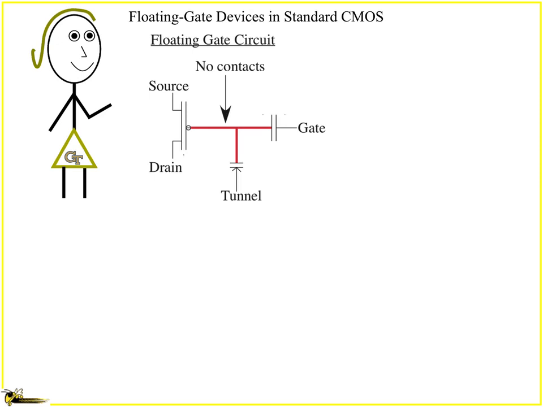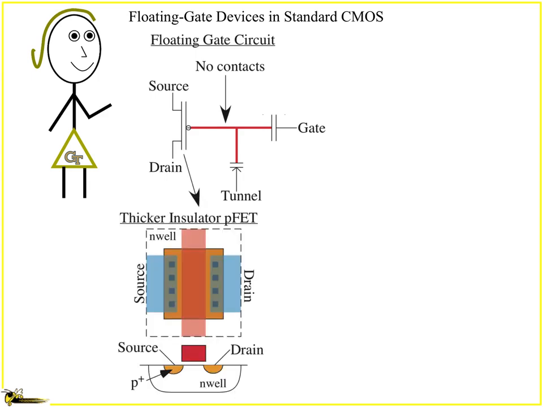If you talk about a single floating gate circuit, it's usually a transistor, capacitors, and maybe specialized capacitances for tunneling junctions to shift charge off. But the key is to have a piece of polysilicon with no contacts. Sometimes you call that an error. That's not what you're having here. If you look at that transistor, it can just be a straight PFET, although typically a thicker insulator PFET in a 130 process to make sure you've got plenty of insulator thickness to get your 10-year lifetime storage.